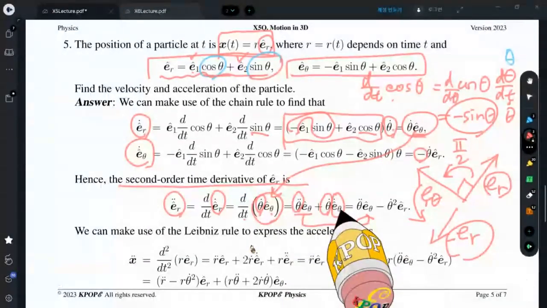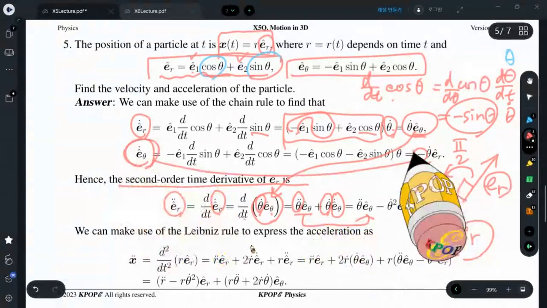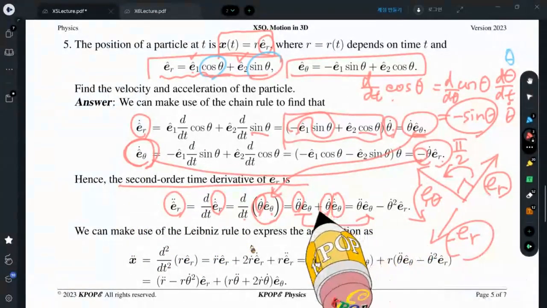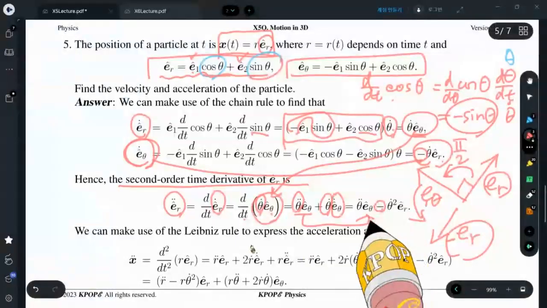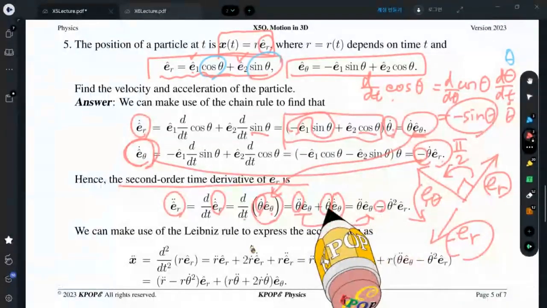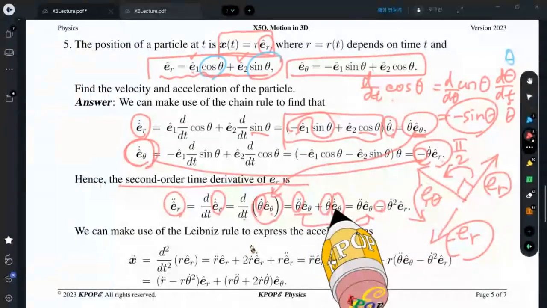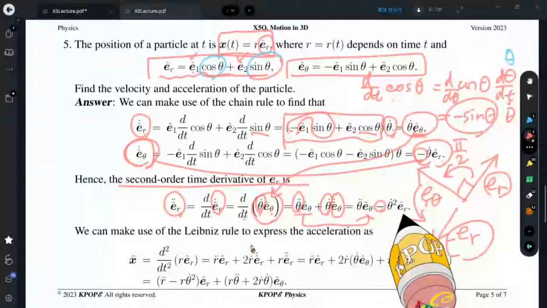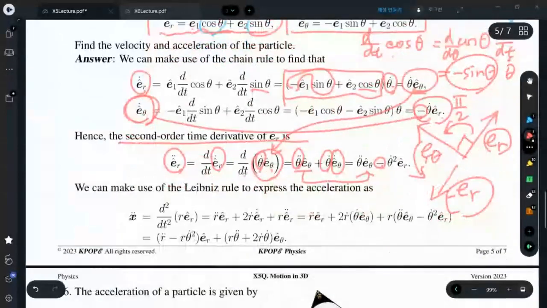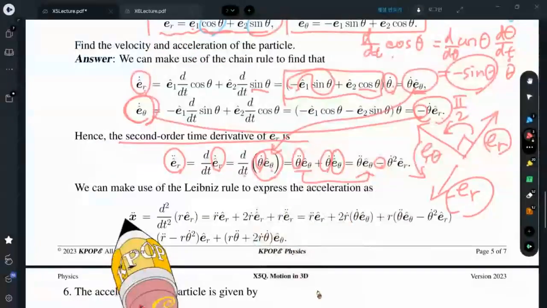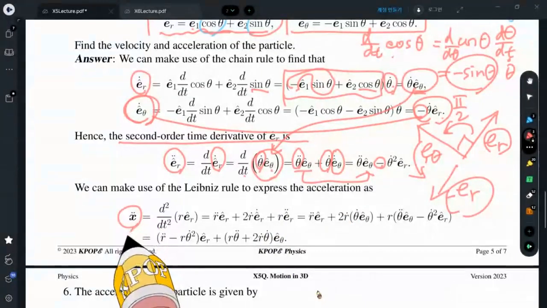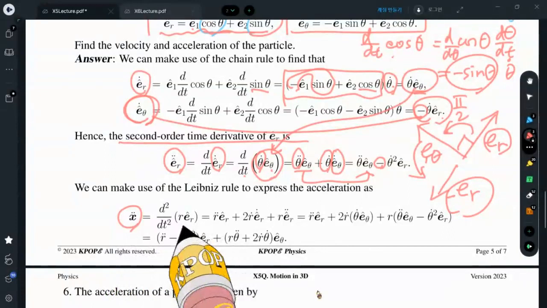What's that? This gives minus theta dot e_r, minus theta dot. So we have flipped the sign, and theta dot was there. I have another theta dot to have a theta dot squared and the radial vector. As a result, the Leibniz rule is very convenient to find the general form of the acceleration on the two-dimensional plane.